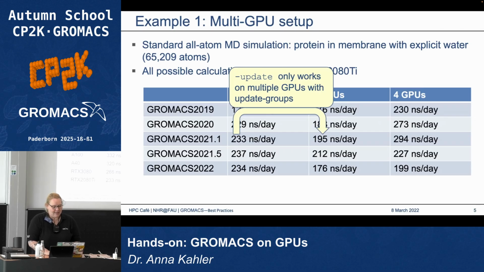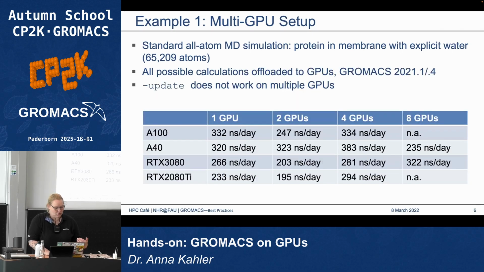Then what we can also do, with the same numbers, is calculate the performance gain, not in terms of percent, but just in numbers, and then calculate the parallel efficiency. The parallel efficiency is how we find out if the multiple GPUs that we use are actually beneficial for the overall performance gain.